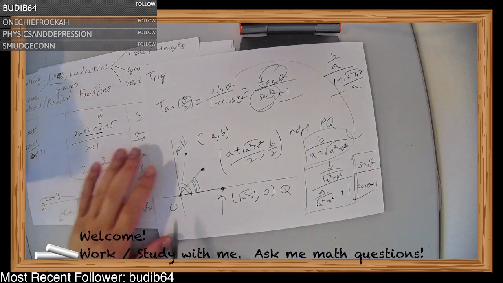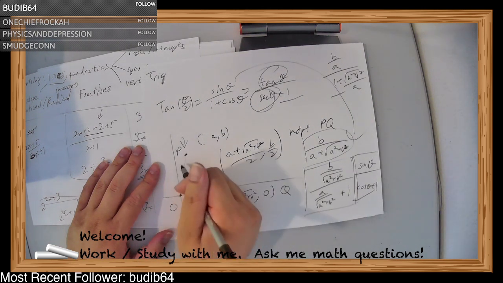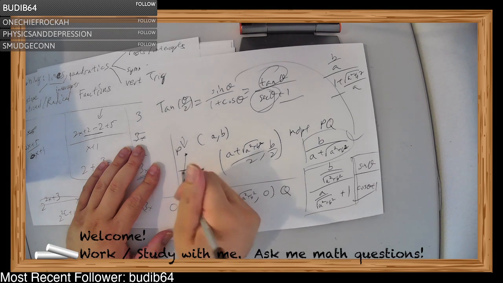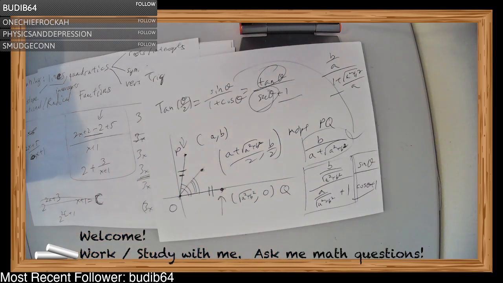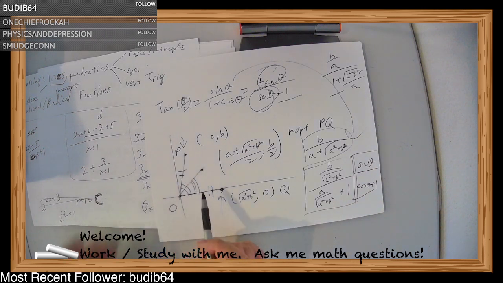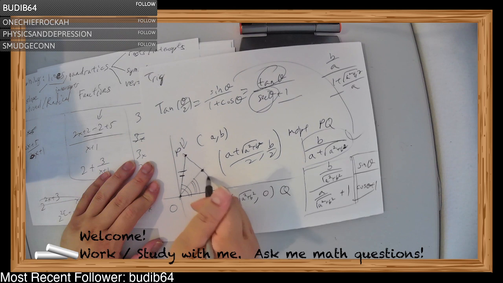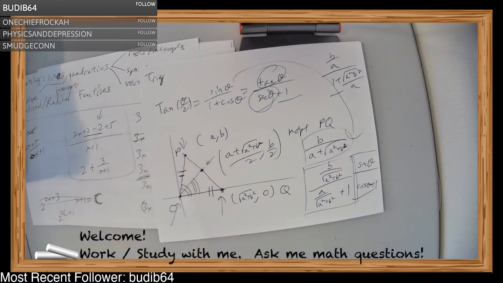So the theory here is we have this segment equal in length to this segment. We can bisect the angle by finding the midpoint between these segments and connecting the midpoint back to the origin.